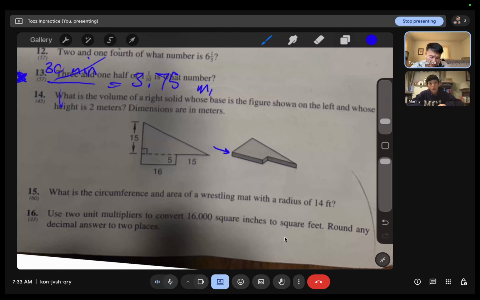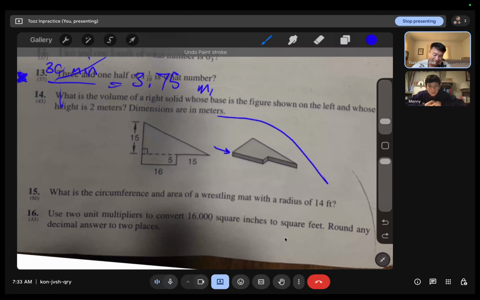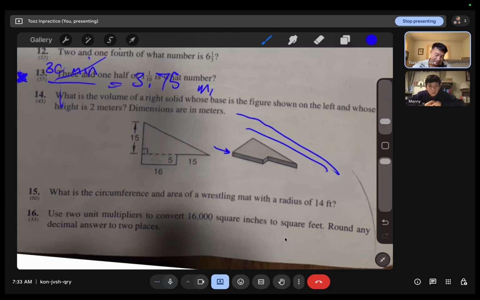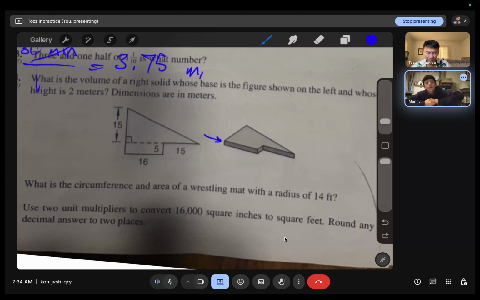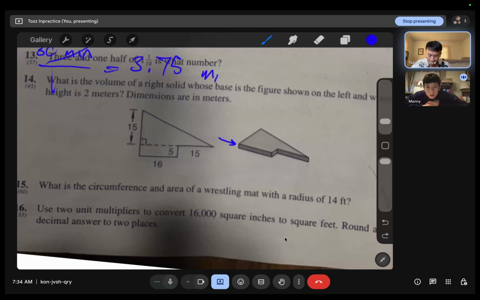So I guess this is like the fancy construction of some kind of monument, maybe a sport complex. I'm making this up, dude. But okay, what do you think you should do again?